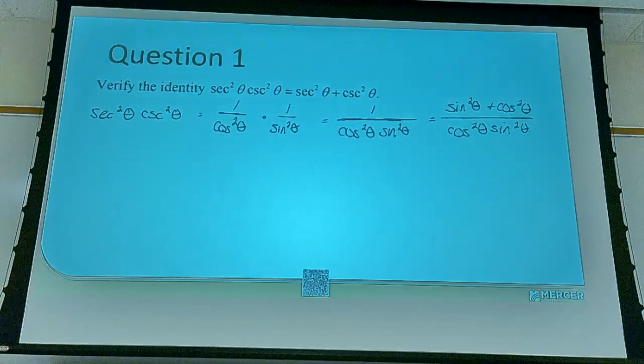So I can just replace 1 with sine squared plus cosine squared. And then realize, oh, well, split it into 2 fractions.